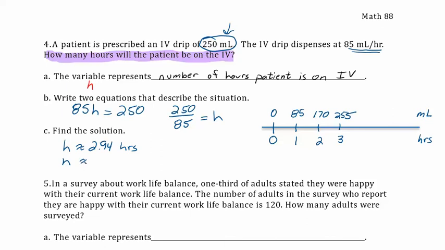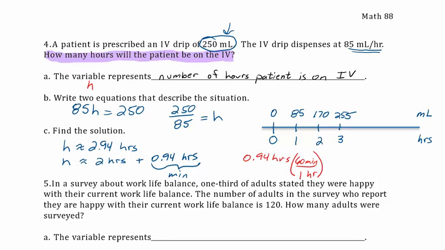So what I want to do here is think about splitting this up. I've got 2 hours, and I've got some decimal portion of an hour, and I really want to change this into minutes. So to do that, I'm going to multiply 0.94 by 60. If I have 0.94 hours, I know there are 60 minutes per every 1 hour.